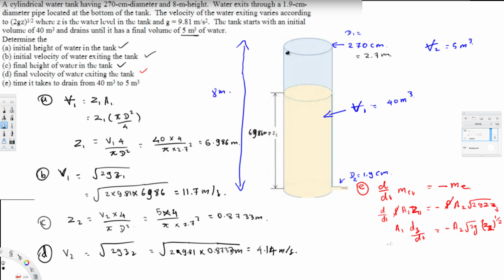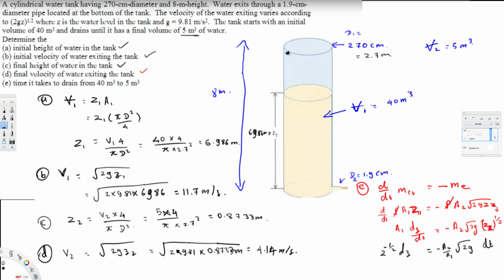So what I'm going to do, let's bring all the z to one side. So we have z power minus half, and we have a dz right here, and that's going to be minus A2 over A1 square root of 2g dt.